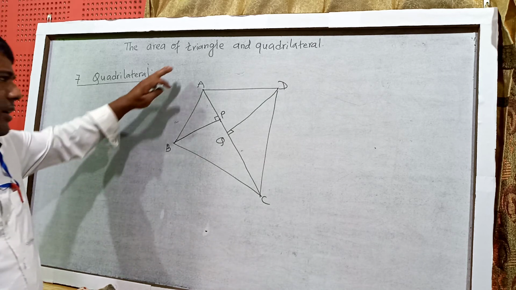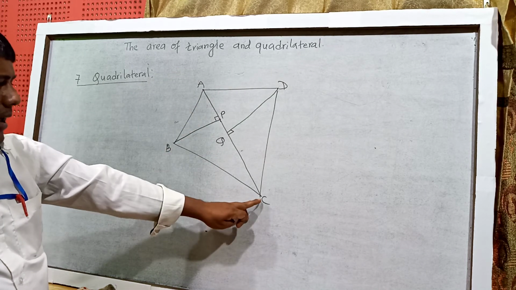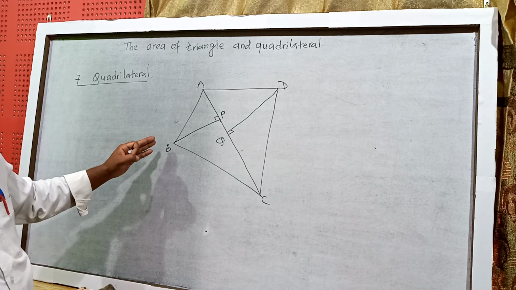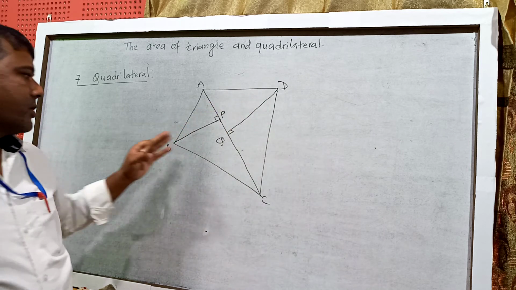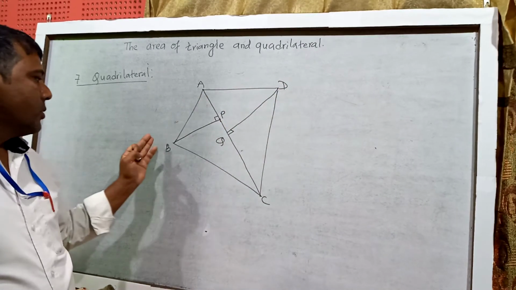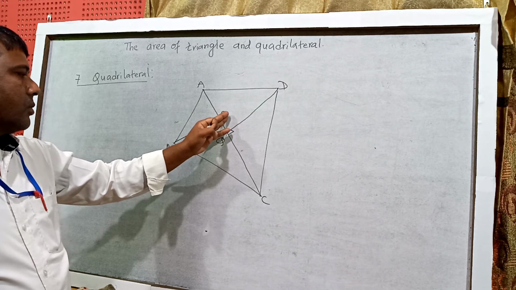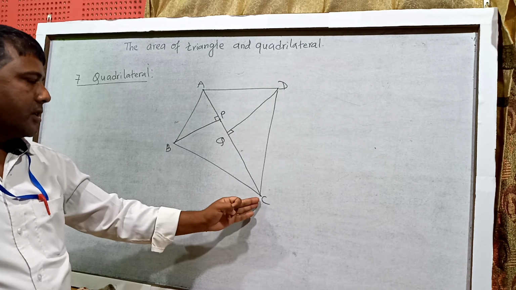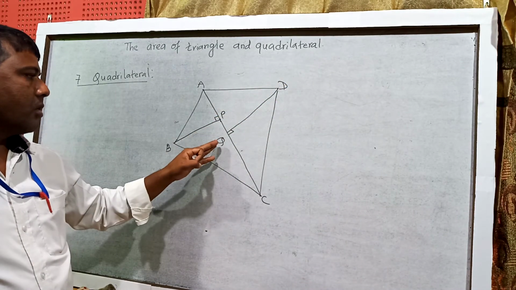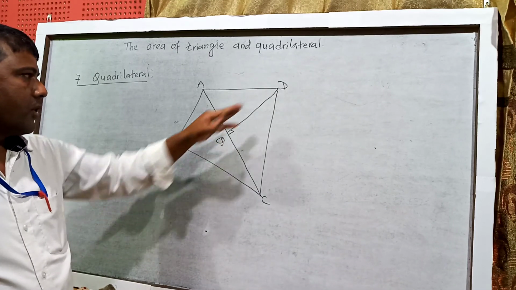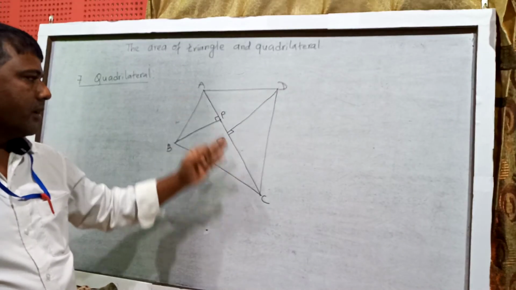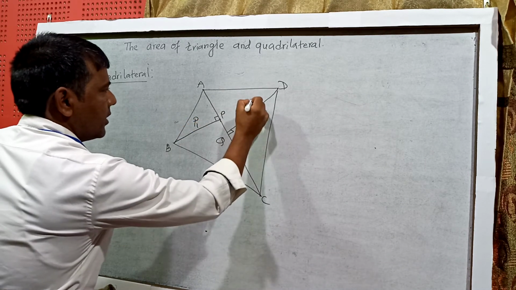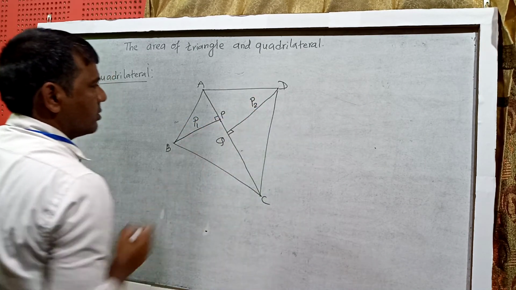In this quadrilateral, AC is a diagonal, and on this diagonal, two perpendiculars are drawn from the other two vertices, B and D. BP is one perpendicular drawn from the vertex B to the diagonal AC, and DQ is another perpendicular drawn from the vertex D to the diagonal AC. Suppose the first perpendicular is P1 and the second perpendicular is P2.